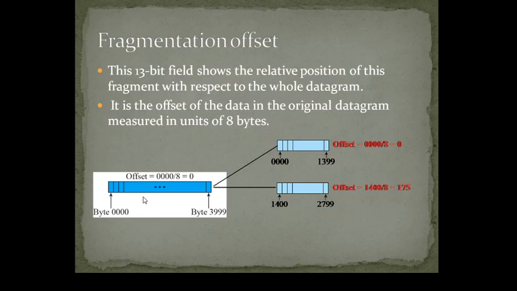Each unit is 8 bytes, so the starting address of the first fragment was 0. So 0 divided by 8 we get 0 only, so this offset was 0. However, in the second case, your starting address was 1400, it will be divided by 8 since our unit is 8 bytes, so you get 175. Similarly, if you have 2800, you get 350, right?